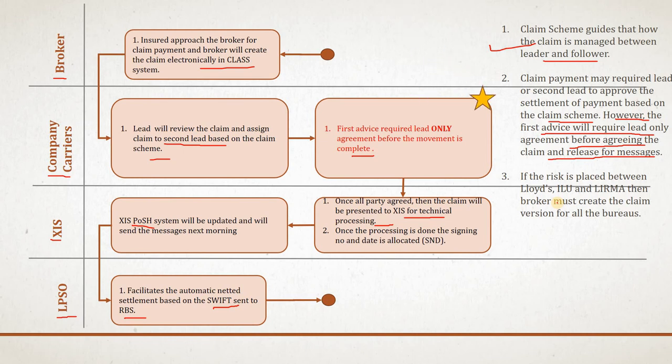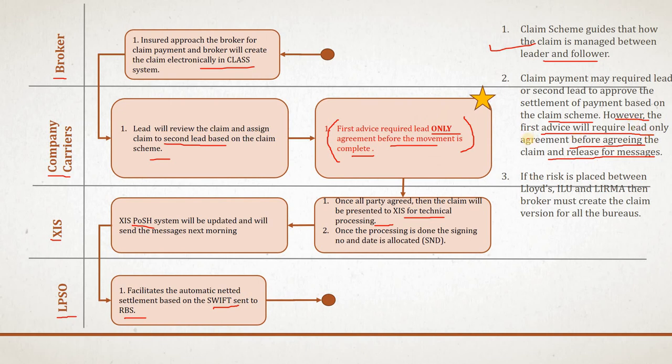Now why I made this particular point in red is because this is the only difference between the Lloyd's and the ILU process. Here the first advice requires only the lead agreement, which is not there in the Lloyd's system.